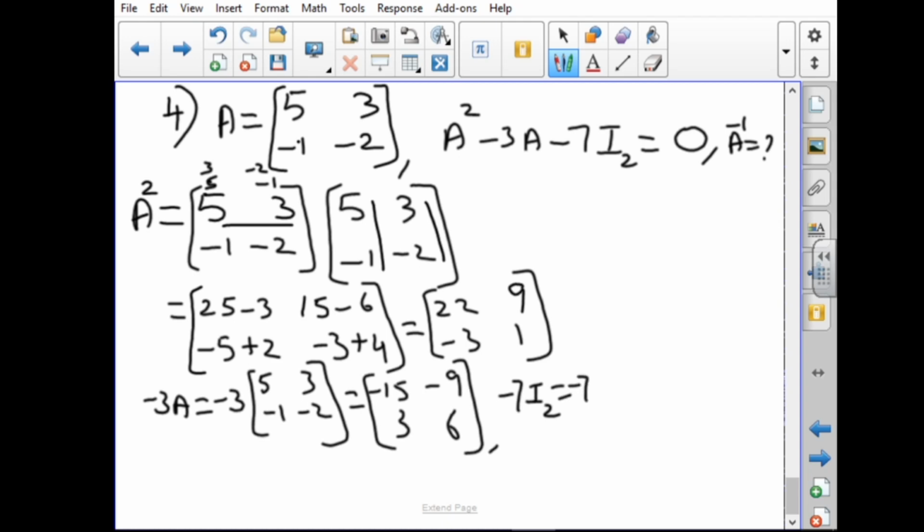So minus 7 into I2, which is nothing but the unit matrix of order 2 by 2. So it is 1 0 0 1. So it is equal to minus 7 0 0 minus 7. So now we'll use all this in the equation.